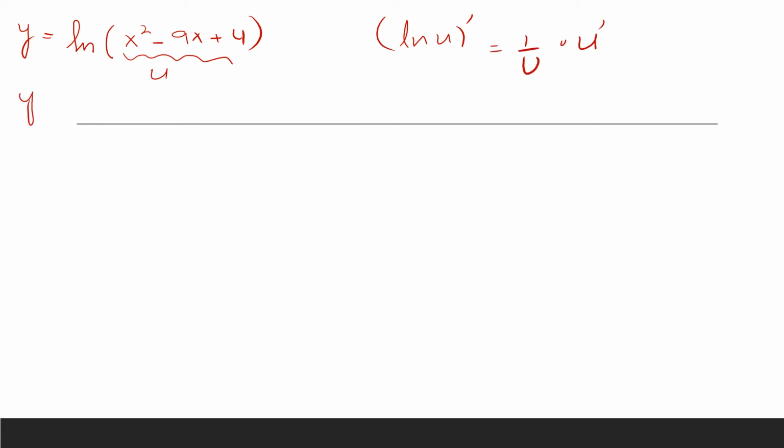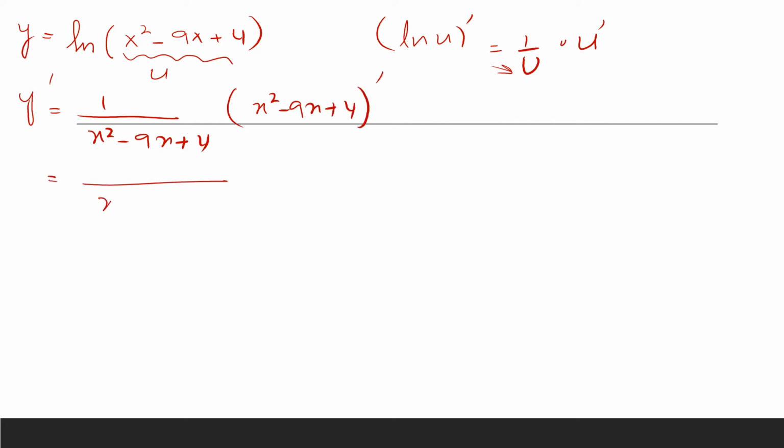So you will write y prime equals 1 over u, so u will be x square minus 9x plus 4, and u prime means x square minus 9x plus 4 with the prime. Now complete the question: 1 over x square minus 9x plus 4, and the derivative of x square, apply the power rule, you will get 2x minus the derivative of 9x, which is 9, and the derivative of 4 is 0, so no need to write.